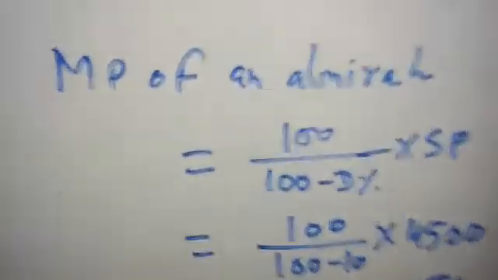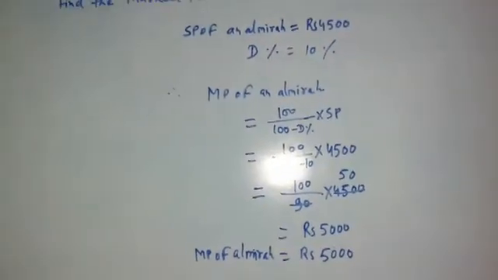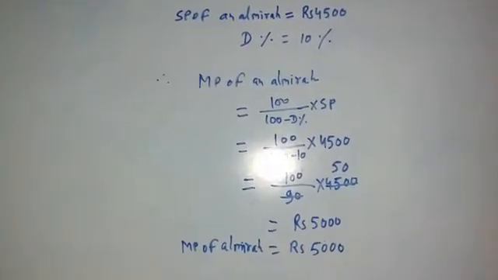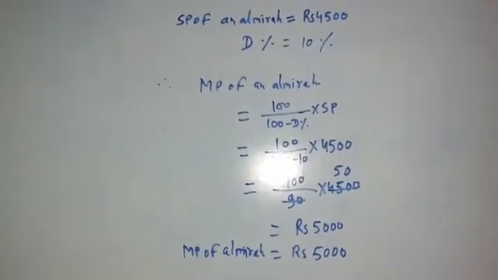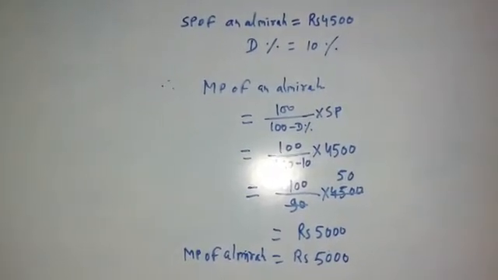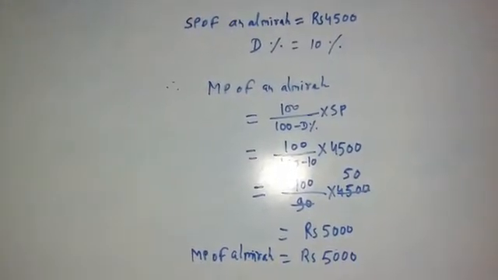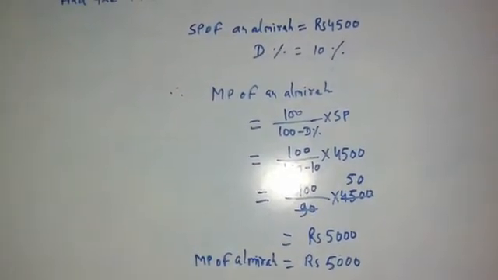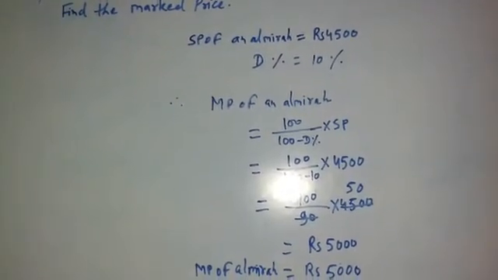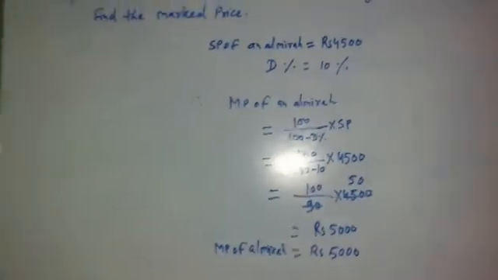Got it? Understood? So when the SP and discount percent are given, we find the MP of the given article.